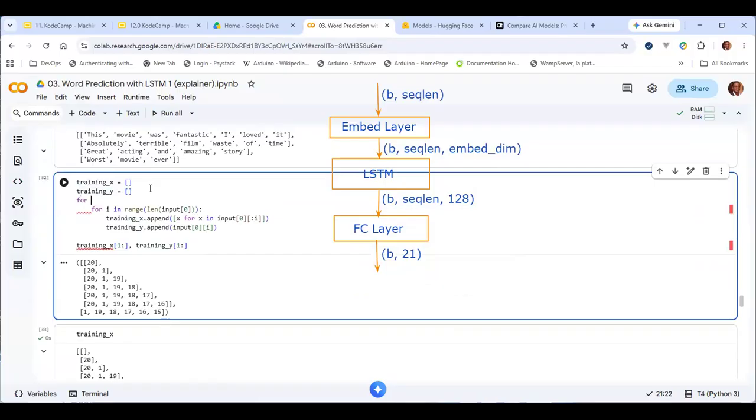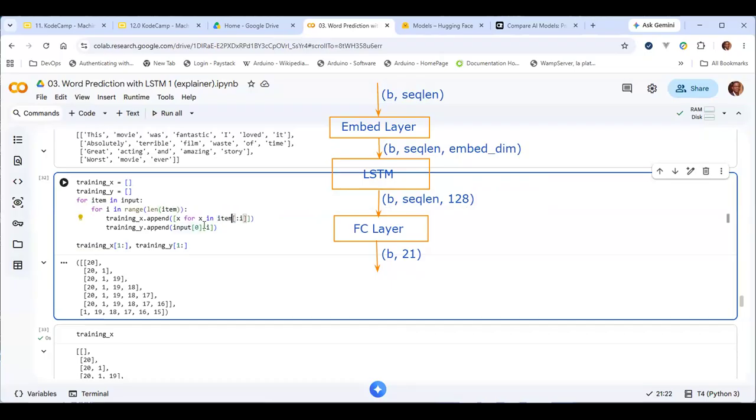So for I in range, for inputs, for sentence in input, right? I think that's just it. For item, let me say item, for item in input, right? So input 0 is the item. Here I was just doing only for the first sentence, and I had 4 sentences.